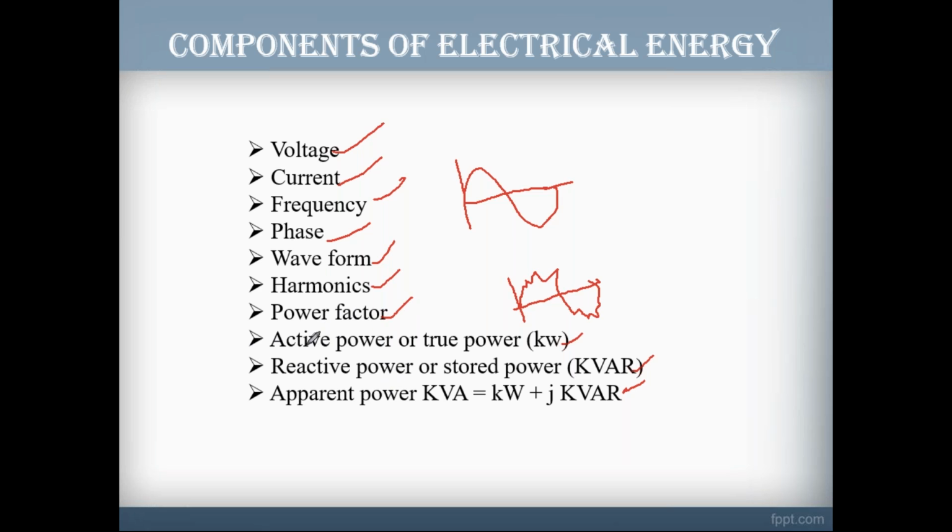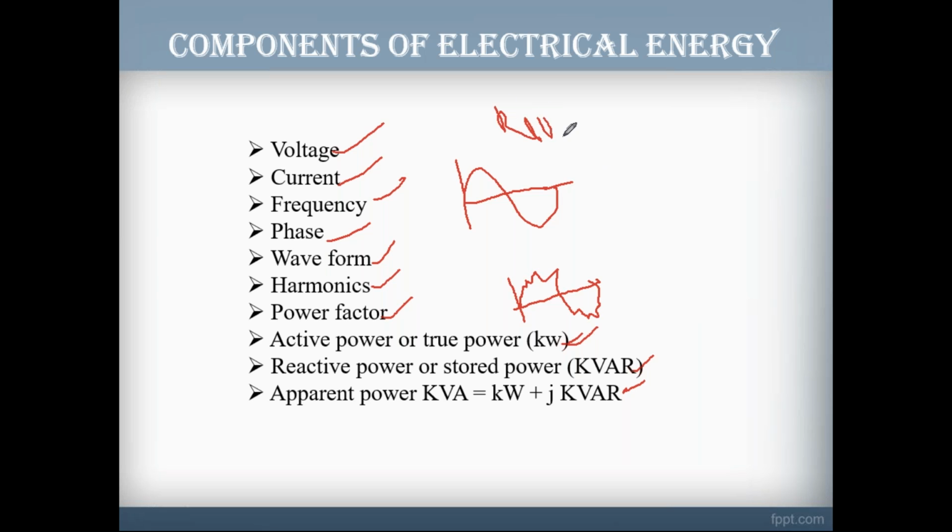And active power, this is also called true power. What does this type of power mean? The power generated in the generating station is in the form of active power. The power generated in the generating station is called active power, and it is also called real power.